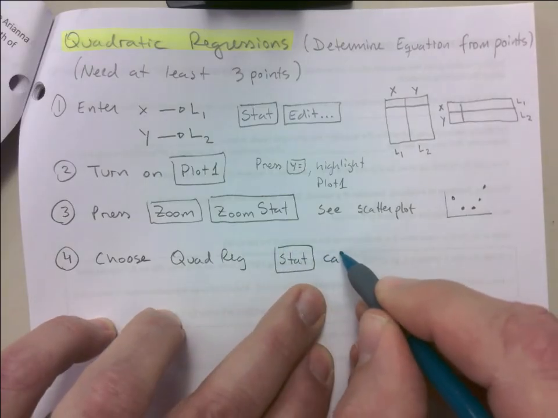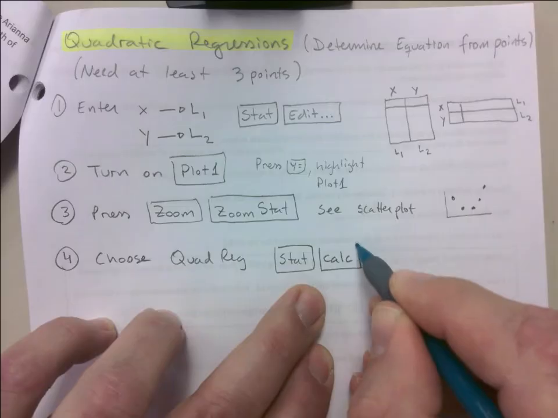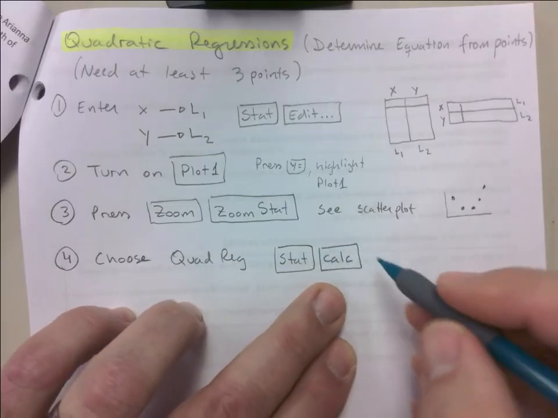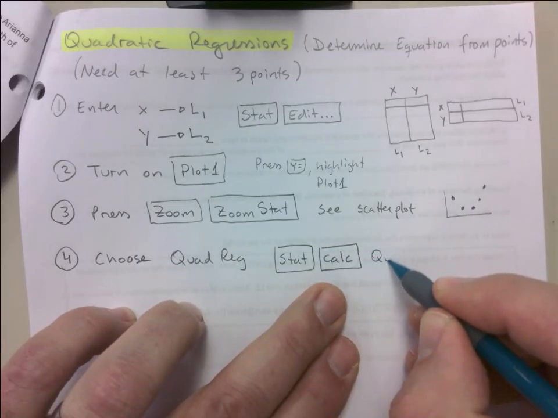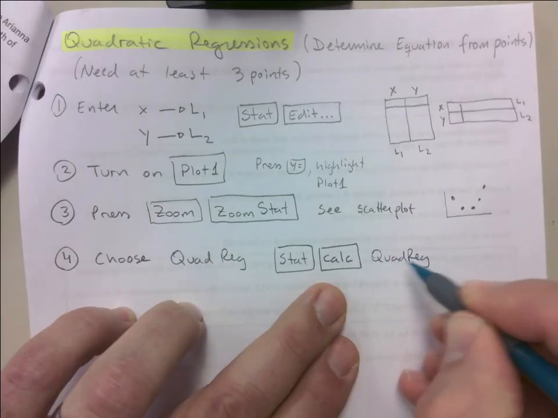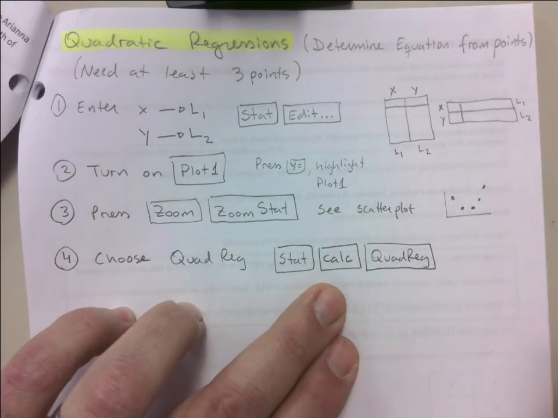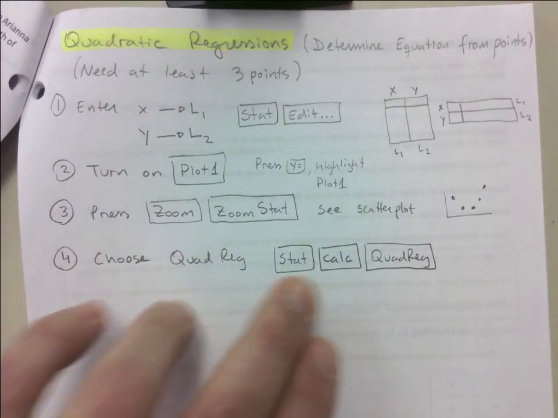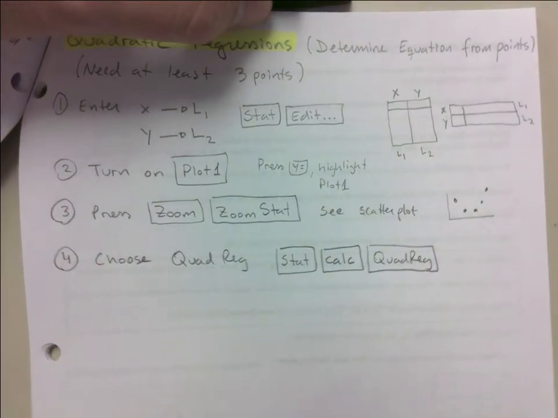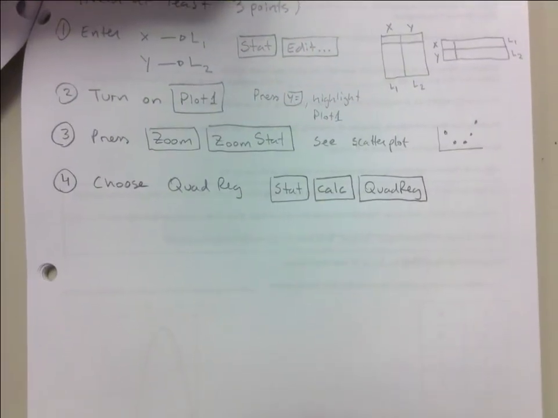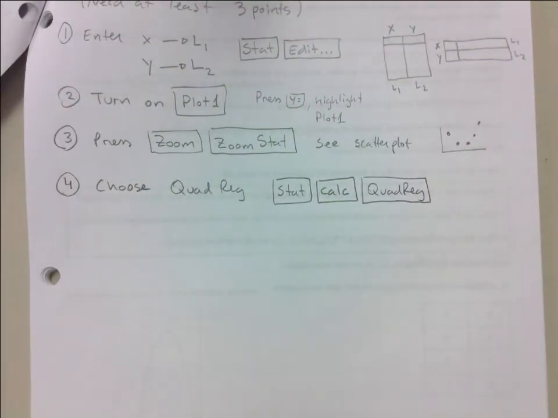You're going to go to Calculate. And then quadreg. Let's do it. All right.